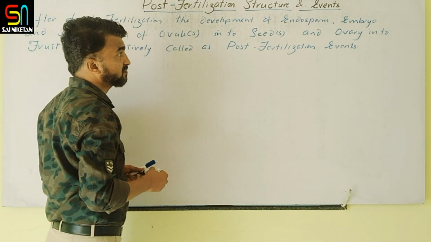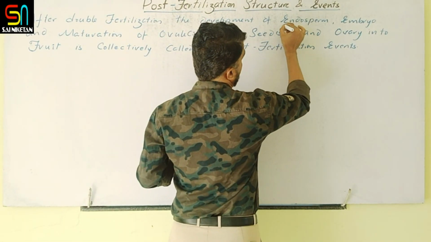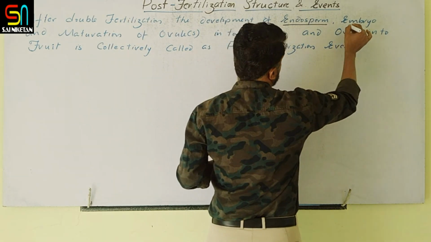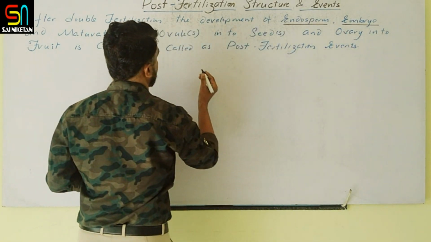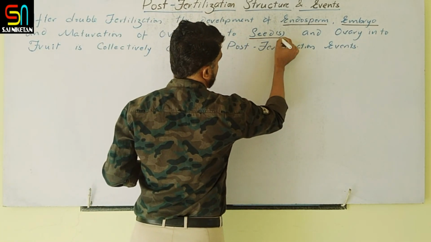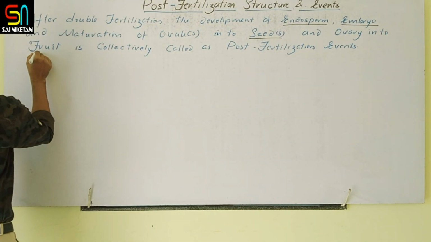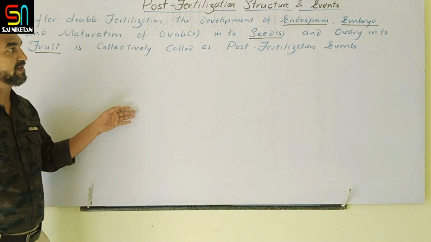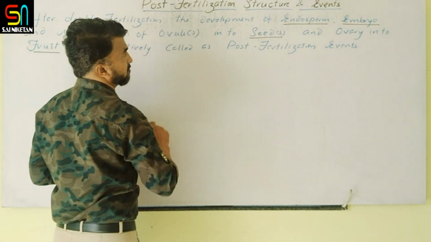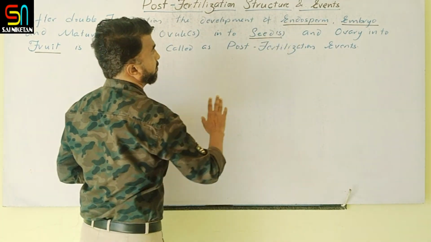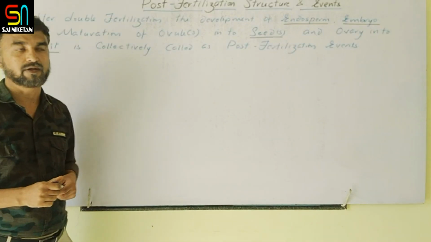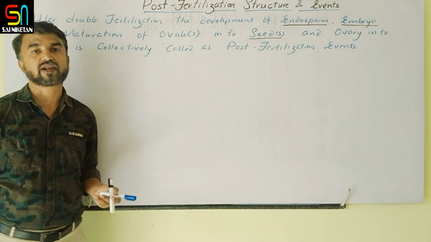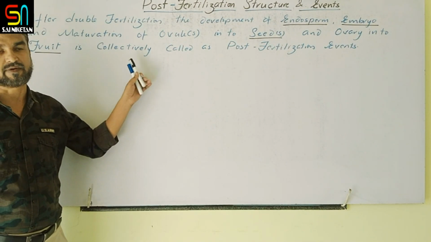In that, the post-fertilization structures are the endosperm first, the embryo second, then the seeds, and even the fruit is also a post-fertilization structure. Clear? So under that, one by one we are going to cover the embryo, endosperm, seeds and the fruit. So this is about the post-fertilization structures or events.